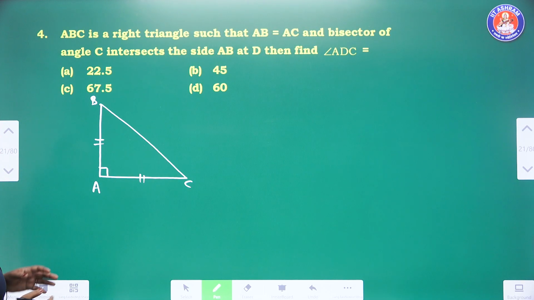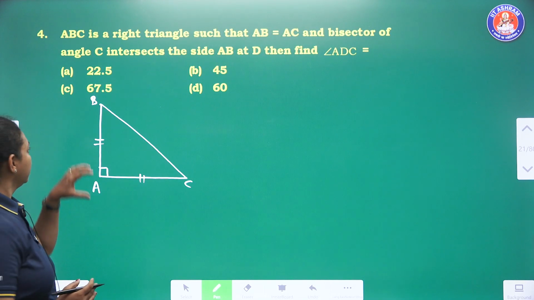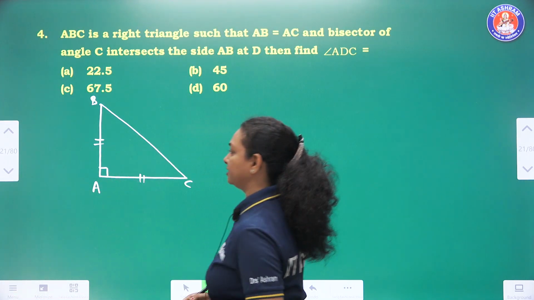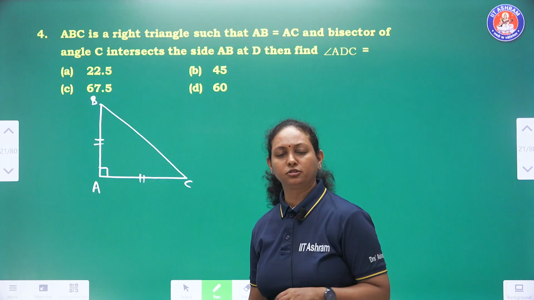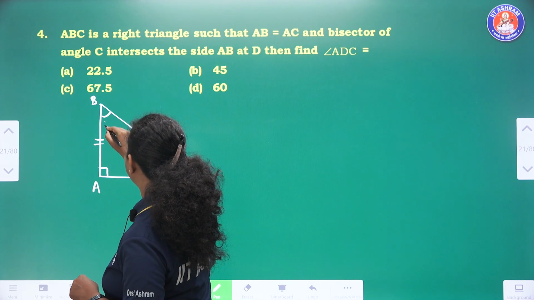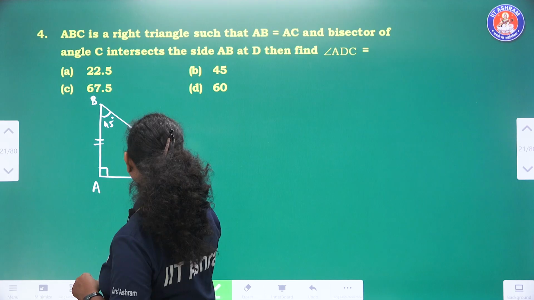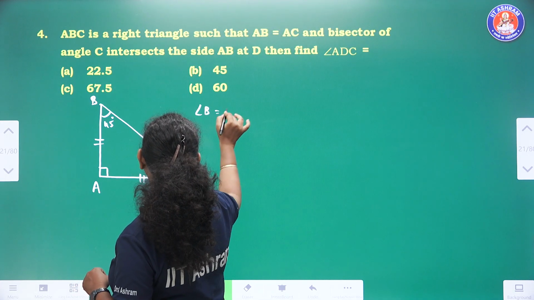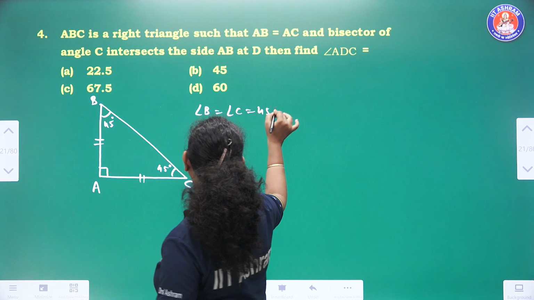And the bisector of angle C. Obviously AB and AC two sides are equal and one angle is 90 degree, so the angles opposite to equal sides are also equal. So the measure of angle B is 45 degree and angle C is also 45 degree. Is this clear? Angle B is equal to angle C is equal to 45 degree.